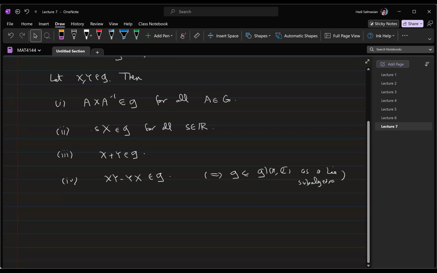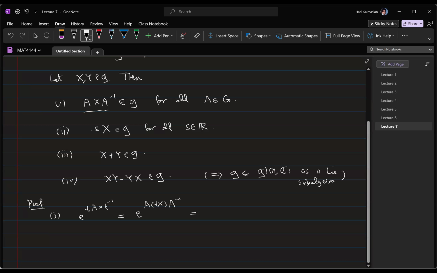All right, so let's prove these assertions. For the first statement, what should we check? We should check that e to the t times AXA inverse belongs to g for all parameters t. We can write this as e to the A tX A inverse.